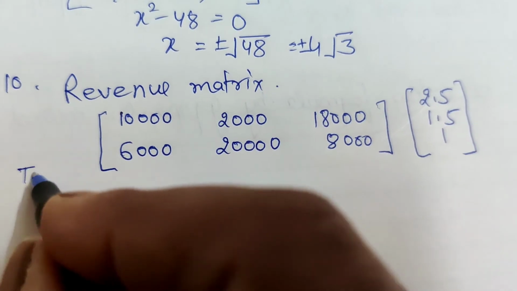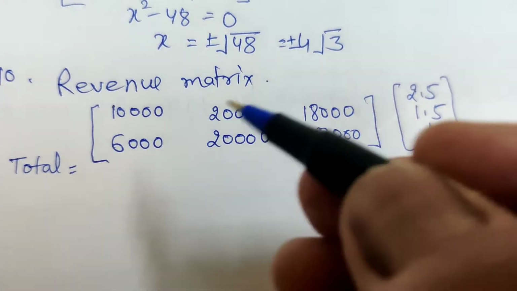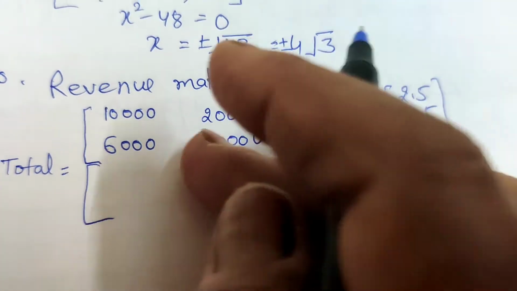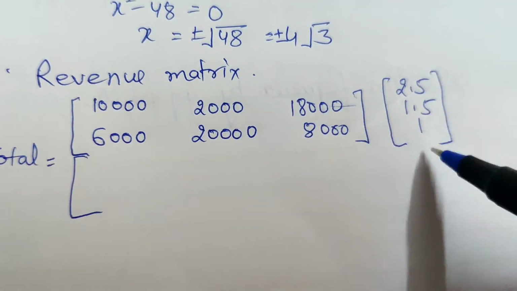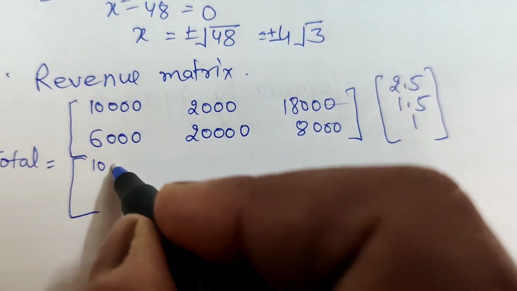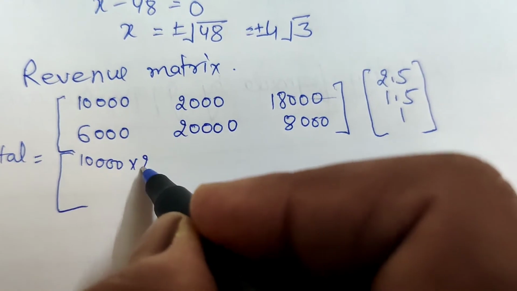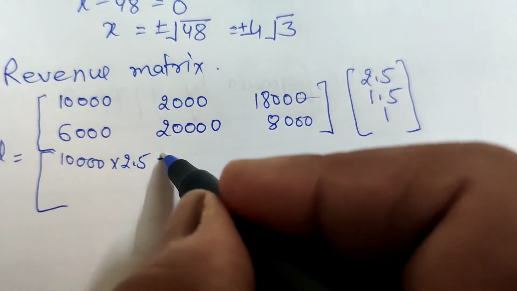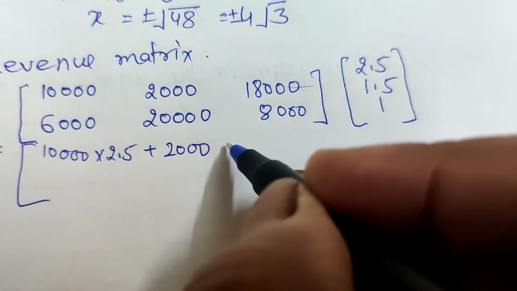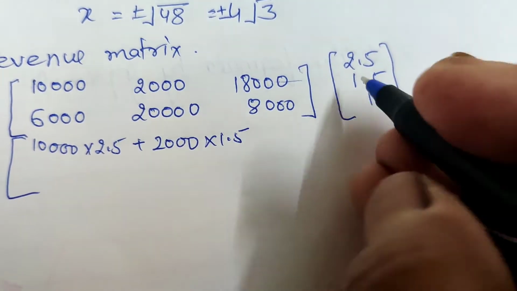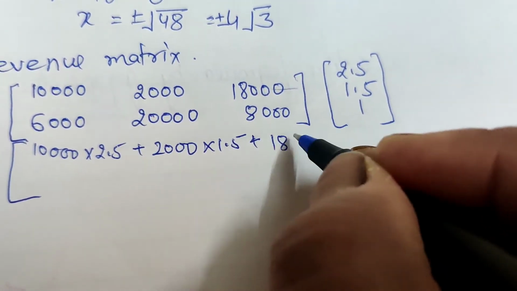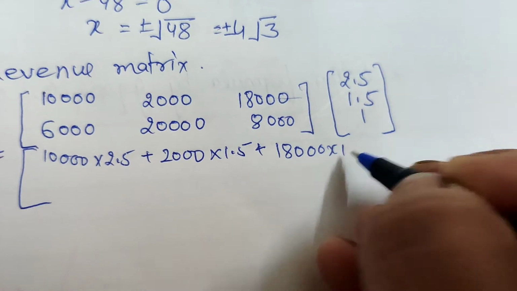Now the total revenue collected means the product of these 2. First row, first column, it means 10,000 into 2.5 plus 2000 into 1.5 and 18,000 into 1.